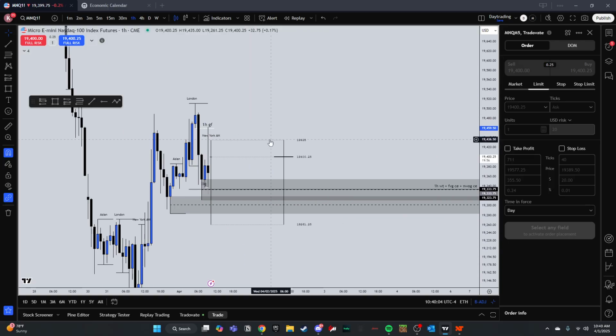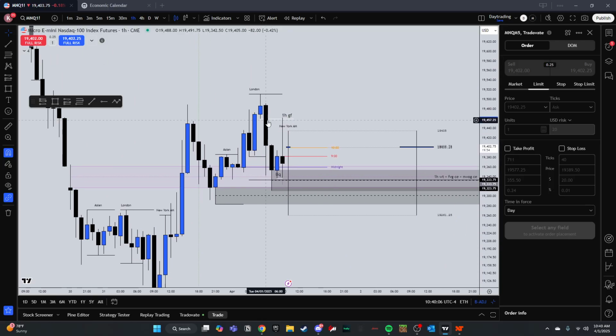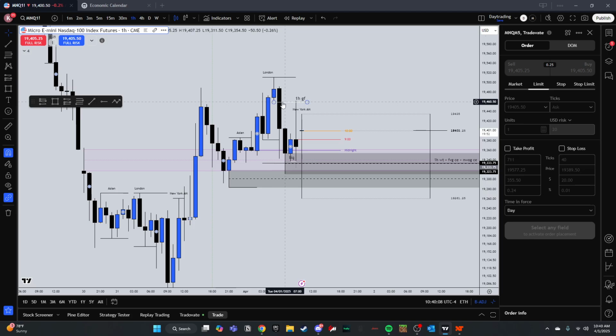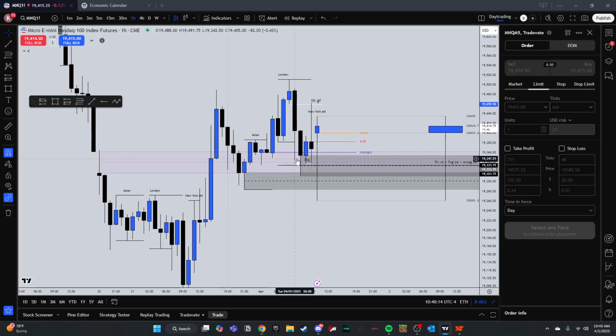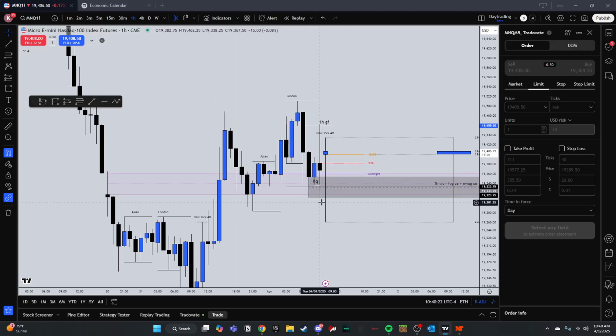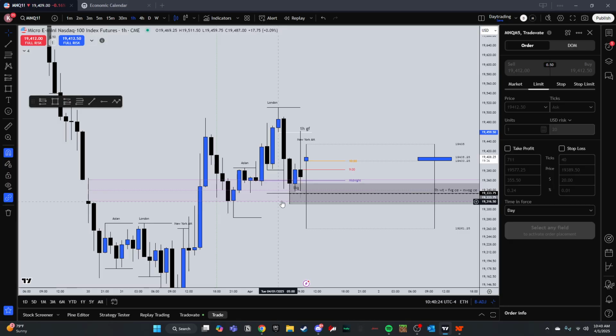Let's go over our confluences here. We had this 1 hour gap, which was our drawn liquidity, was the fill of this gap here. Our main point where we wanted to see the reversal was going to be down here at this nice wick over here.